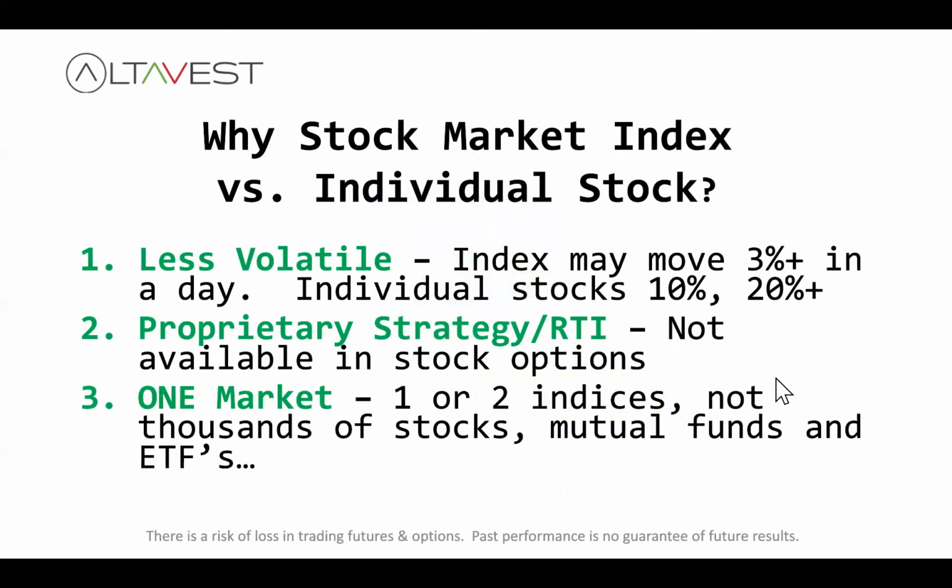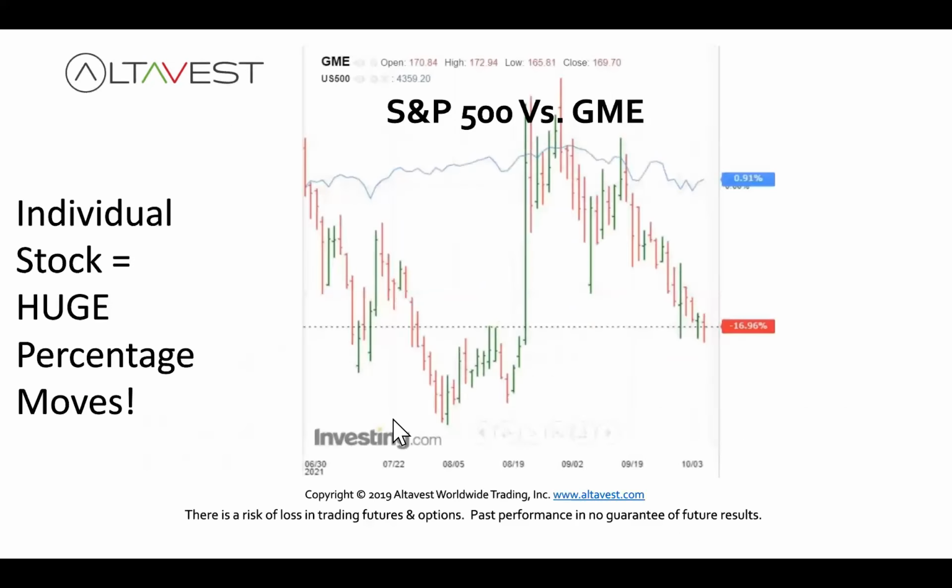And why would we look at an index and not an individual stock? I think you know the answer, but number one, less volatility. Number two, we have a proprietary strategy and indicator that cannot be applied to individual stocks. And how about this? Why not just look at 1 or 2 markets and not 6,000? So that's the reason. And here's just an example. The picture tells the story.